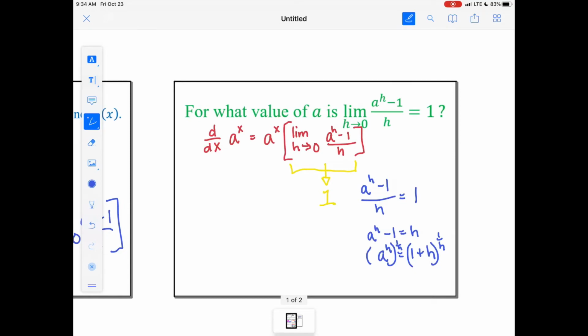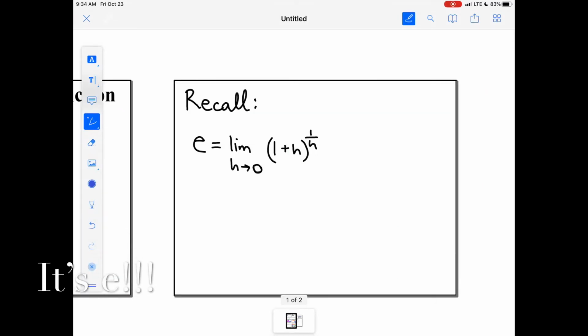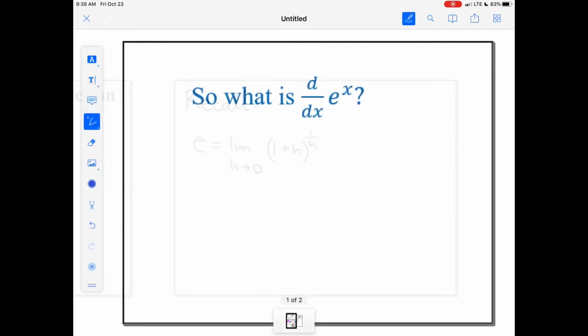And we notice that that gives us this expression. So we know that it's the a that would equal the limit as h approaches 0 of 1 plus h, all raised to the 1 over h. Well, what a value is that? It's e. So our discovery, if you followed that, is that the derivative of e to the x is in fact e to the x.